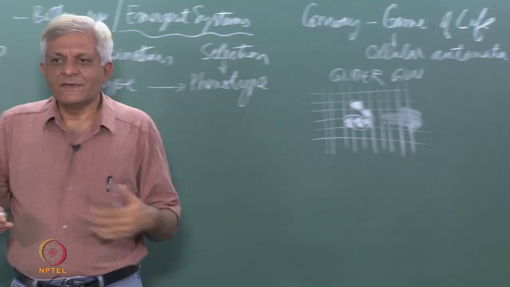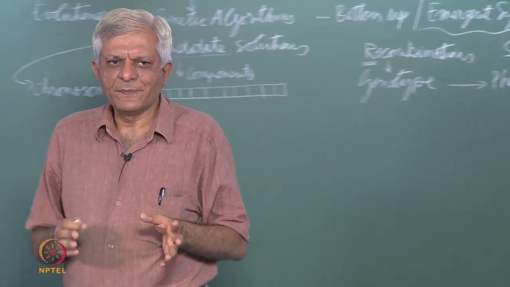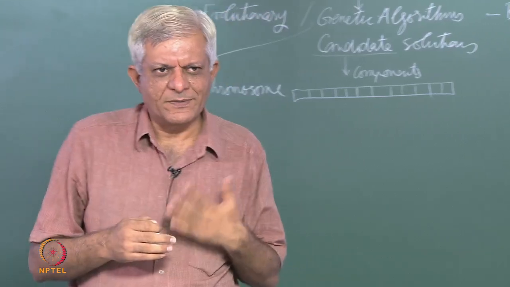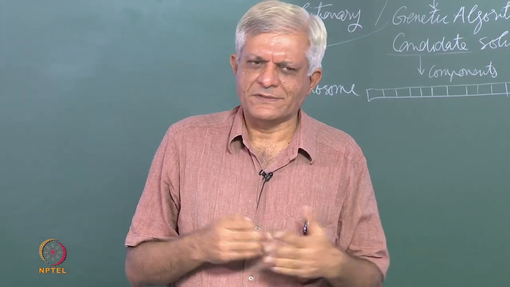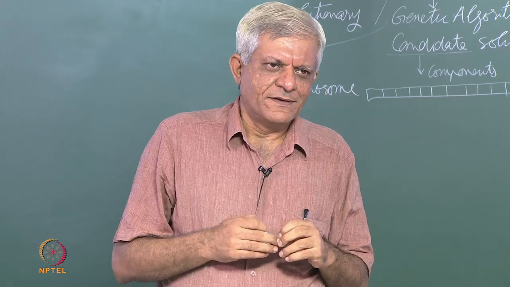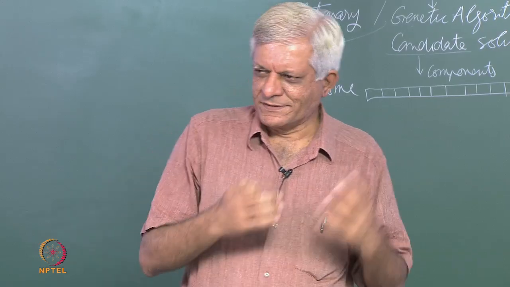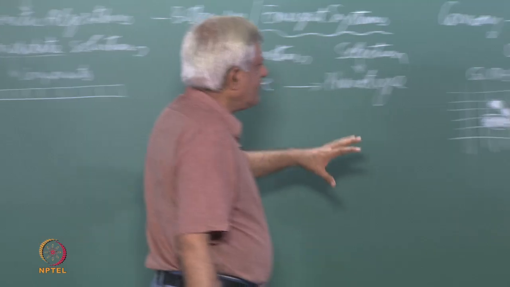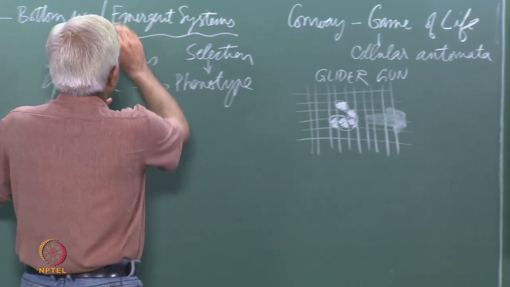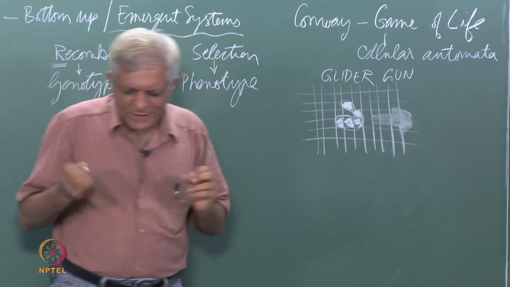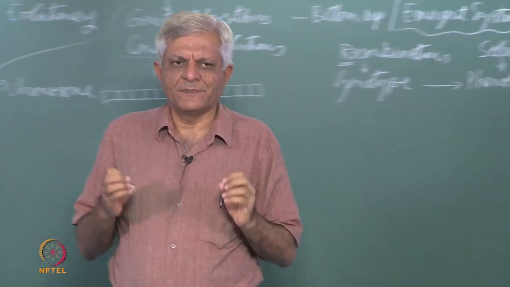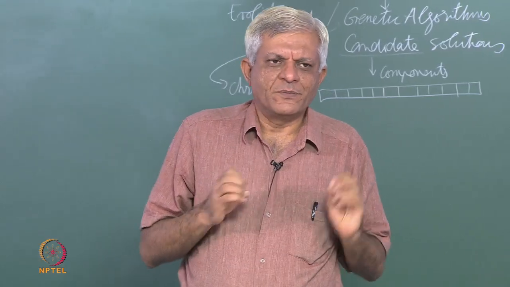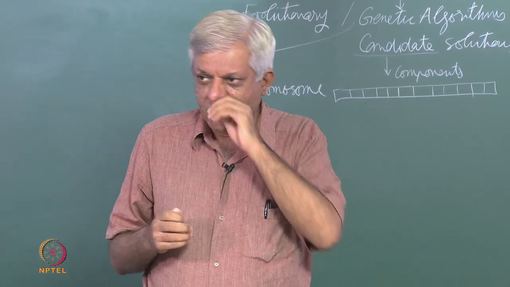Of course, we are also like that in some sense, made up of, I had mentioned, 10 raised to 28 or something simple cells moving around in unison, pretending to be a creature. But that is the whole idea of emergent systems: you put together simple components which obey certain local rules.